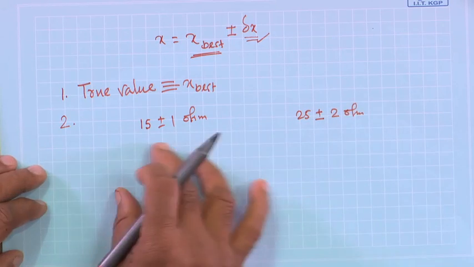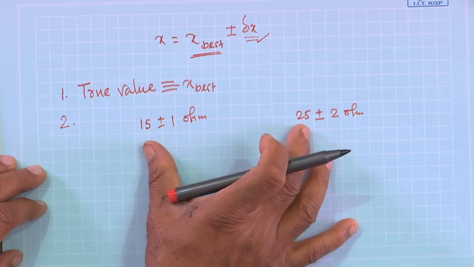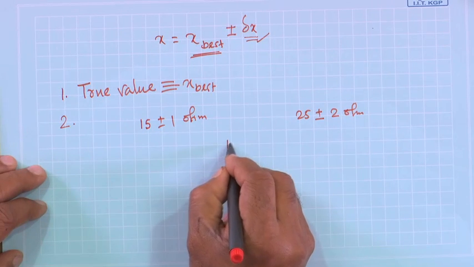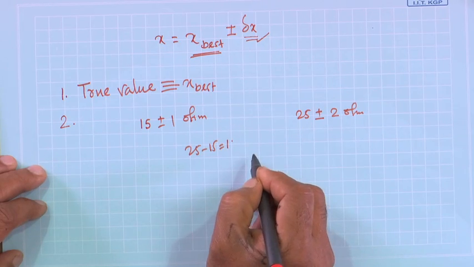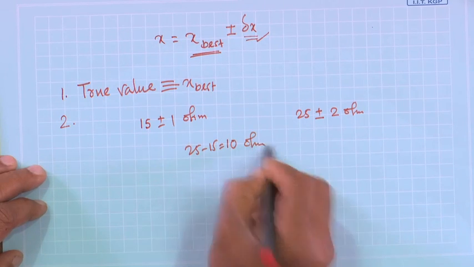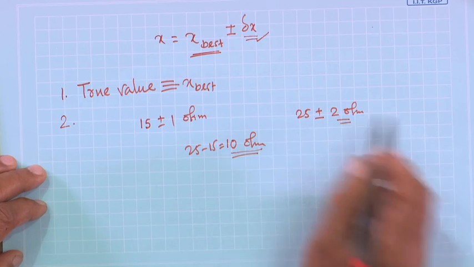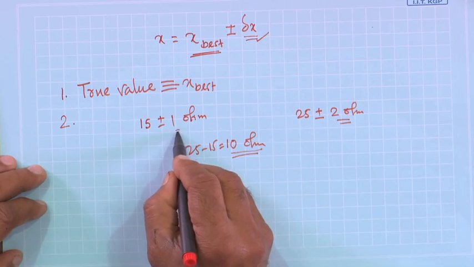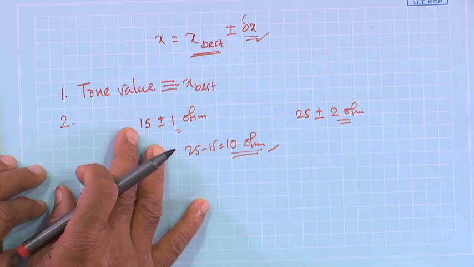Okay. So, obviously, how to compare? We take the difference between these two values. So, this difference is 25 minus 15 equal to 10 ohm. Okay. So, this 10 ohm is not within the range of error, 2 ohm or 1 ohm. So, you cannot tell confidently whether your result is correct or not.